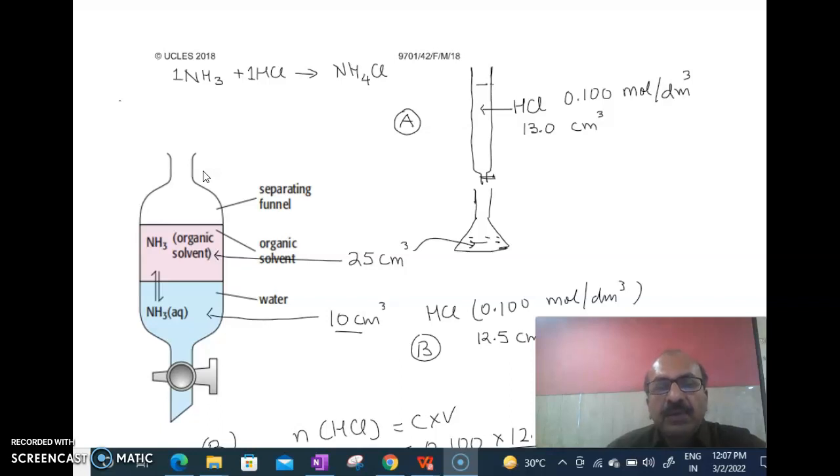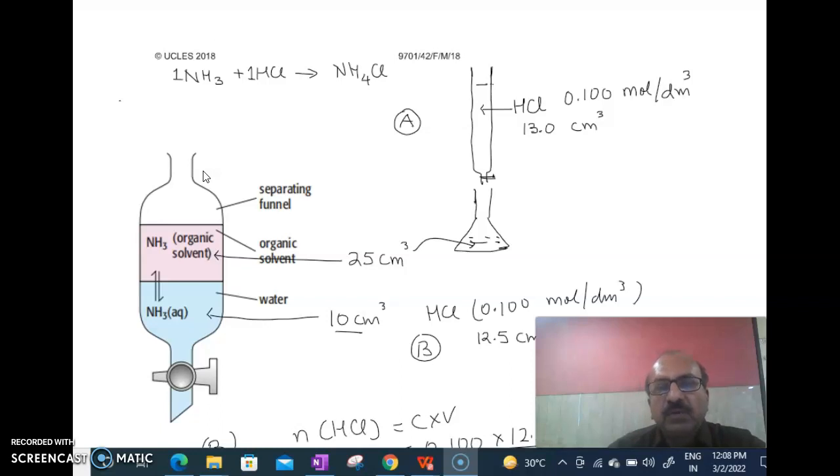If you take some amount of ammonia in the aqueous medium in a separating funnel, add some organic solvent and mix the two thoroughly, then after some time some of the ammonia from the aqueous layer would go into the organic layer. After some time an equilibrium would be established, so that the concentration of ammonia in the aqueous layer as well as in the organic solvent becomes constant.